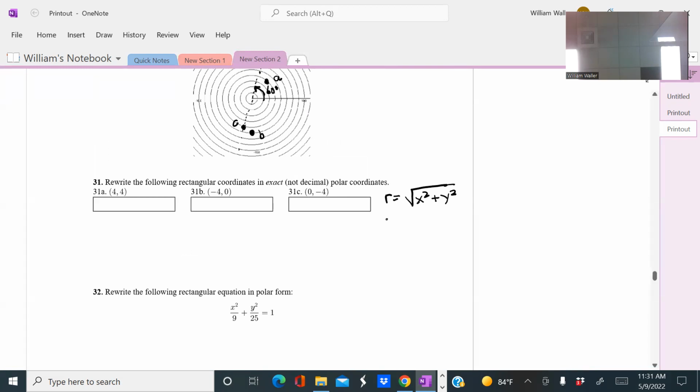And the theta is the hard one, though. What was theta? That was the inverse tangent of what? Y over X. But this is misleading, and so sometimes you can go astray here. This theta is the reference angle for the correct theta.